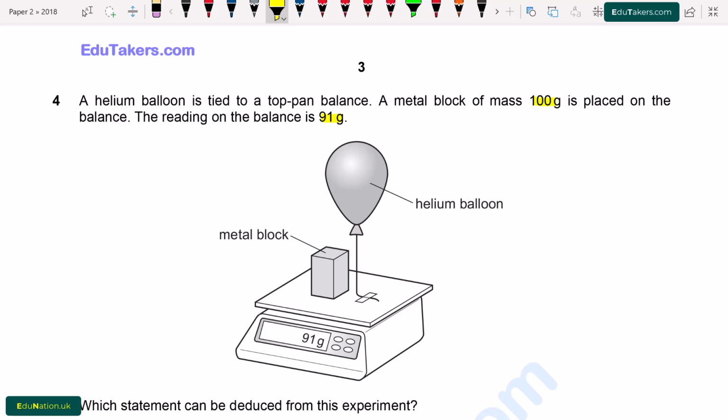First of all, I write here M1, it is equal to 100 gram, and I have to convert this 100 gram into kilogram, so it will be 100 divided by 1000 kilogram. The second mass will be 100 minus 91, which is equal to 9 gram. Again I have to convert into kilogram, so I divide it by 1000.